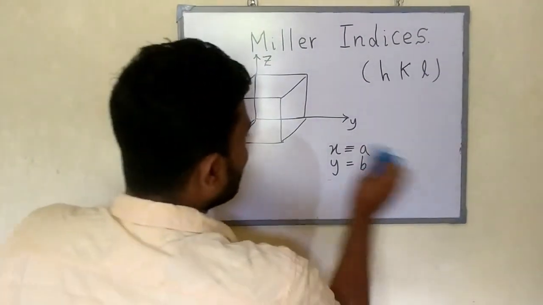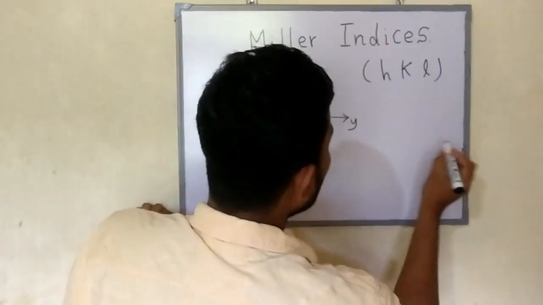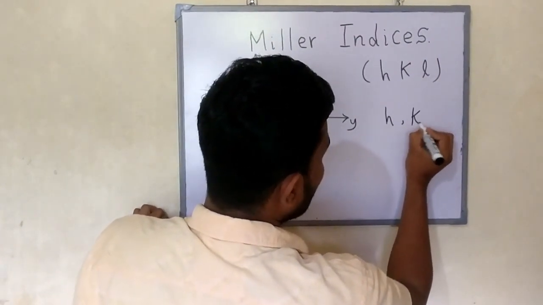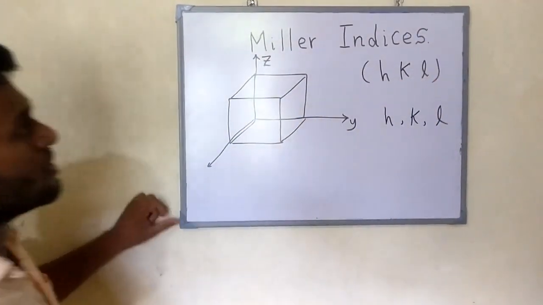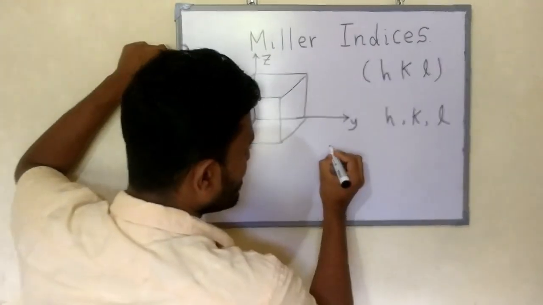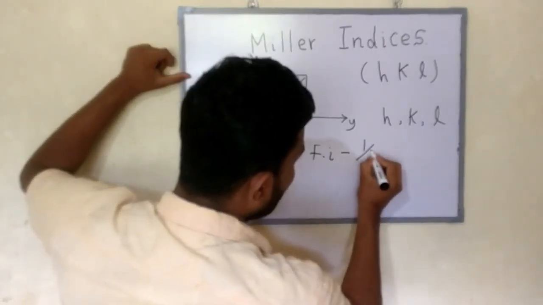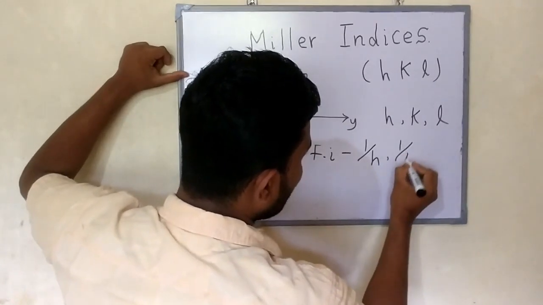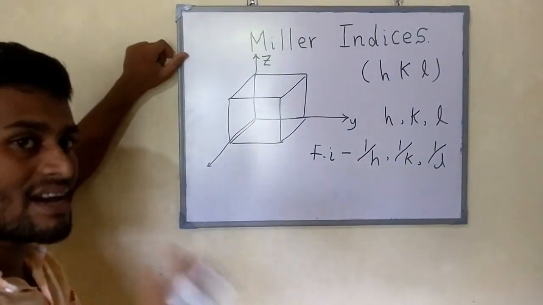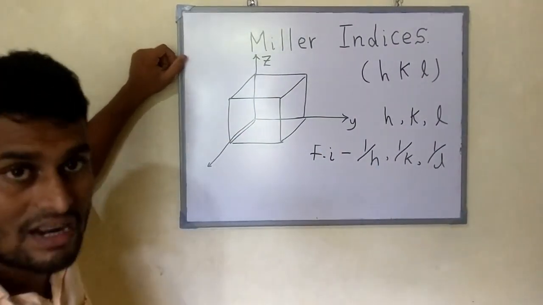Here the x-axis correlates with a, the y-axis with b and the z-axis with c. So for a given plane, if you have the Miller indices H, K and L, your fractional intercepts are 1 over H, 1 over K and 1 over L, because Miller indices are defined as the reciprocal of the fractional intercept.